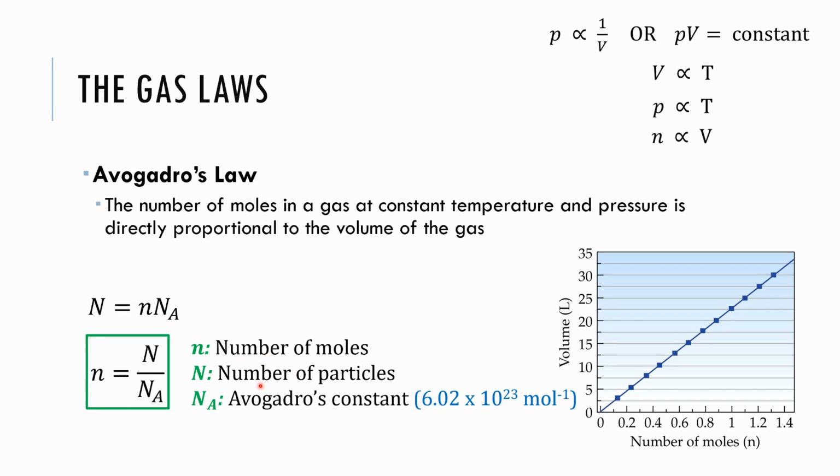Capital N is the number of particles, so little n would be the number of moles. So just as a refresher, if you need it, they do have this in the data booklet for you, which is nice because it's sort of a definition thing. For the number of moles, you just need the number of particles divided by Avogadro's constant. And of course, you can go back and forth between number of moles and number of particles, depending on what the problem gives you, what you might need.